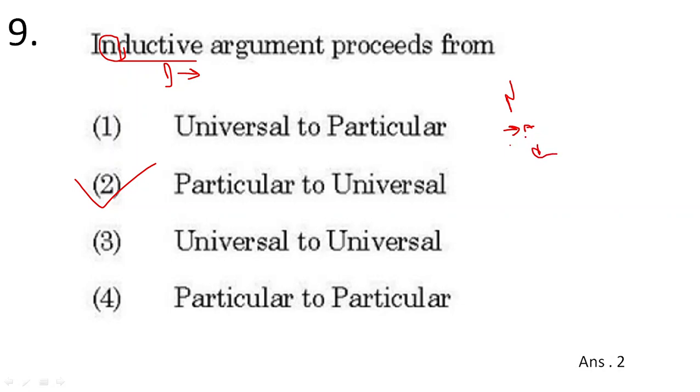From single events he generalized that there's a gravitational pull, everything falls down. So you are moving from particular to universal, that not only apple falls, everything falls, it is universal, it is applicable everywhere. So that is inductive.